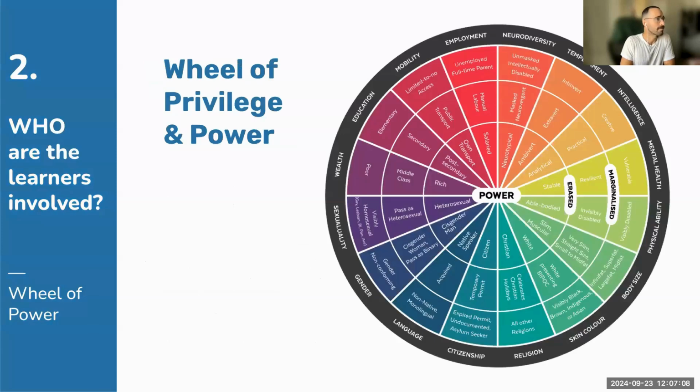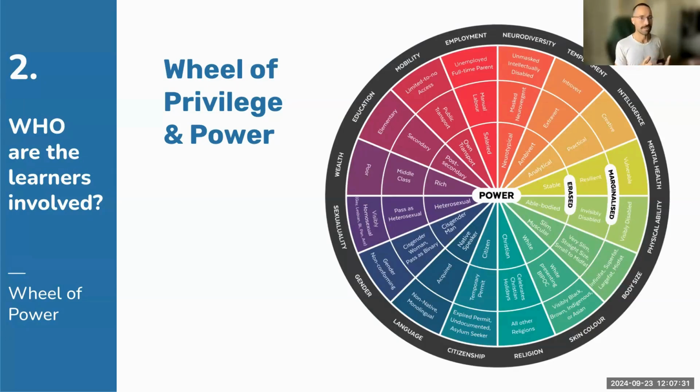So in terms of who the learners involved are, the wheel of privilege is a model to map different social groupings, social profiles, and an analysis of the power that they have in society because of those identities.